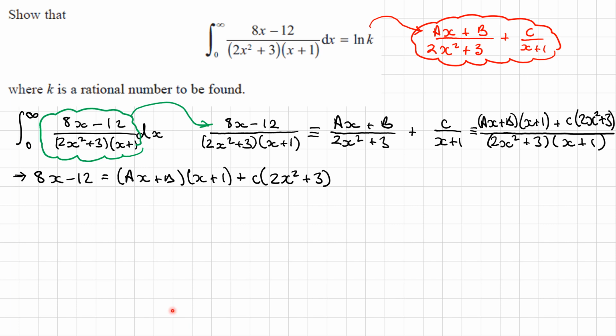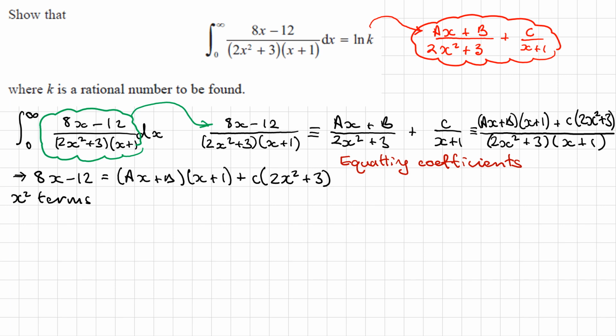Now I could multiply all of the brackets, but what I'm going to do is try and do that bit in my head, because I'm going to use equating coefficients to help me work out the values of a, b and c. So let's start with the x squared term and equate the x squared terms.